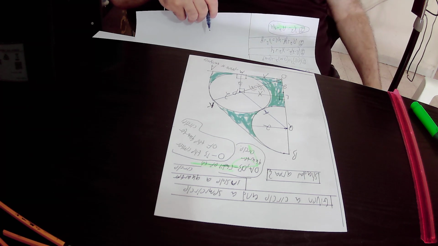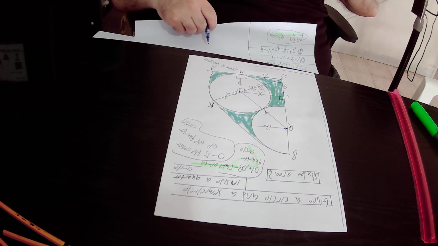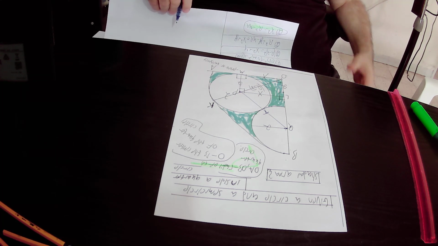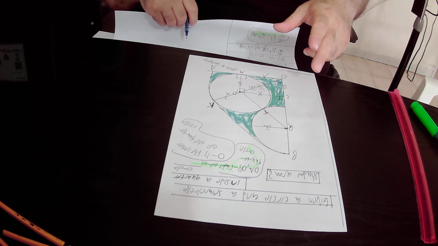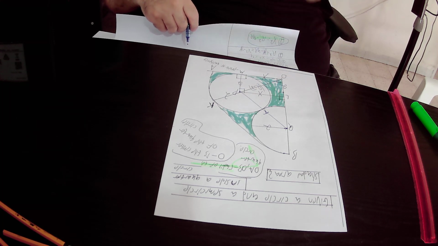So, what is the length of the straight line QP? That is actually the distance between the two centers, the center of the semicircle and the center of the circle.